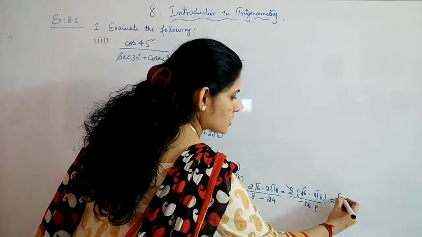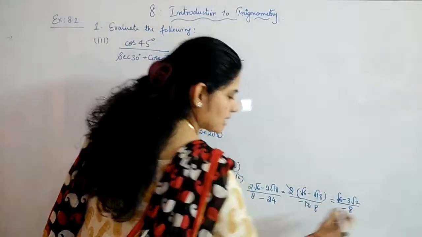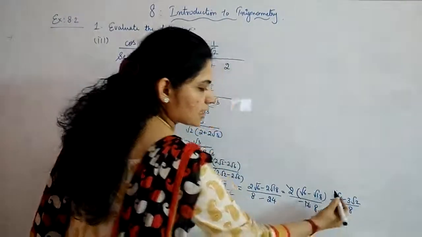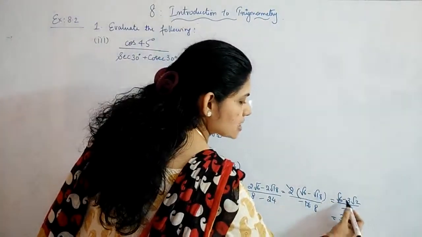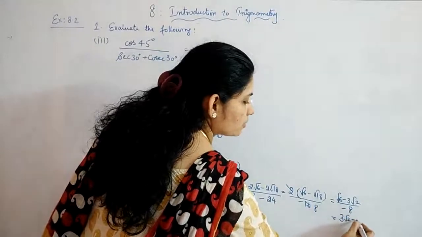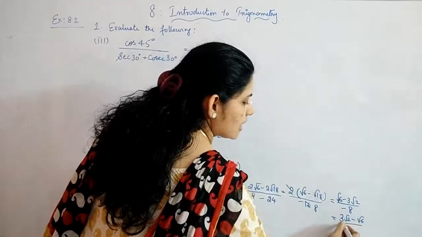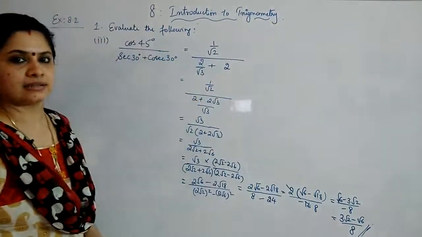So it is root 6 minus 3 root 2 divided by minus 8. This negative can be taken in the numerator, so this will become positive and this term will become negative. So it is 3 root 2 minus root 6 divided by 8, which is your final answer.